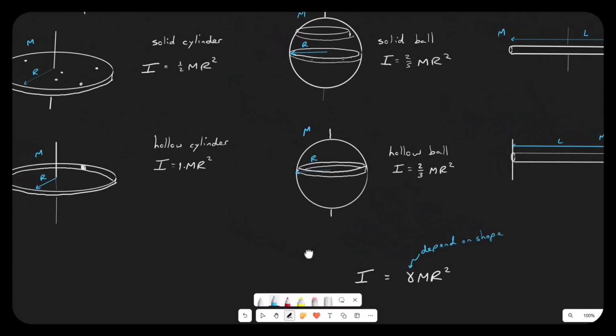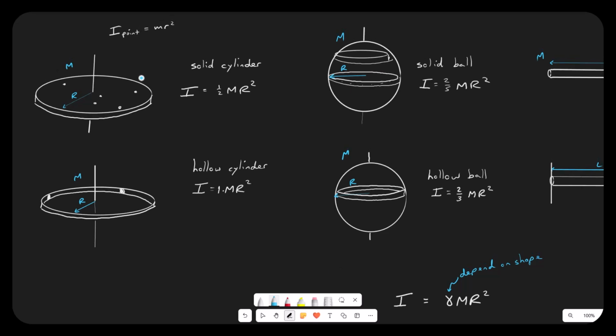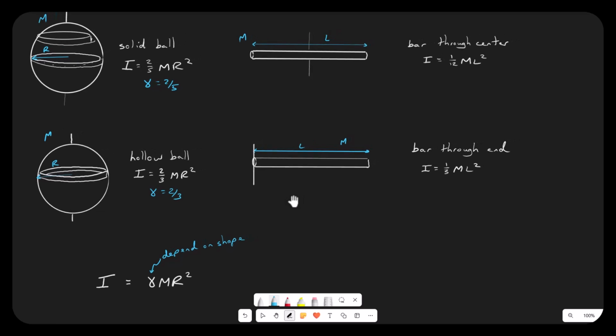For a solid cylinder, my mass is spread out pretty well, so I'm going to get a gamma of 1/2. For a hollow cylinder, all my mass is at the farthest edge, so I'm going to get a gamma of 1. Solid ball, I'm getting 2/5. Hollow ball, 2/3. Bar through the center, 1/12. Bar through the end, 1/3.